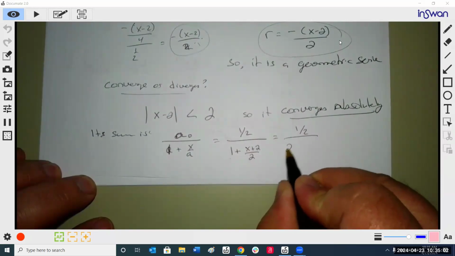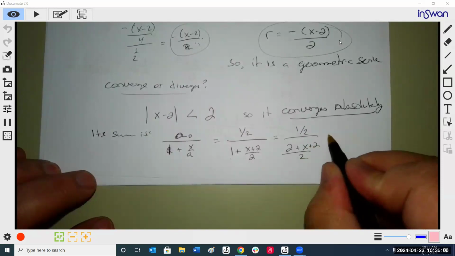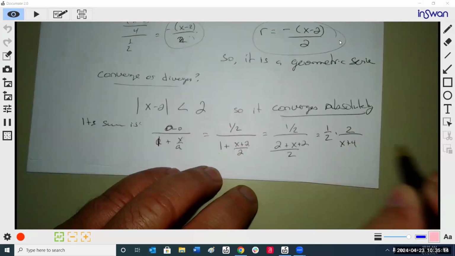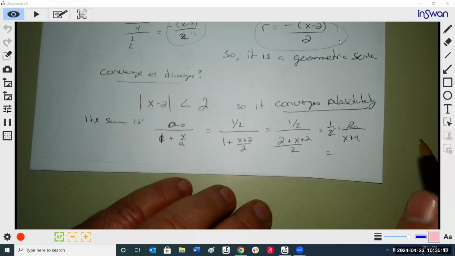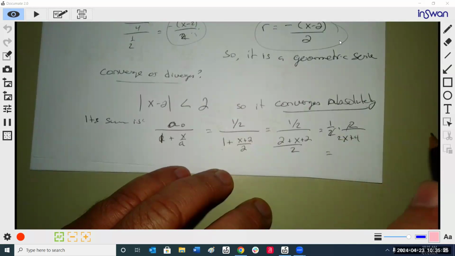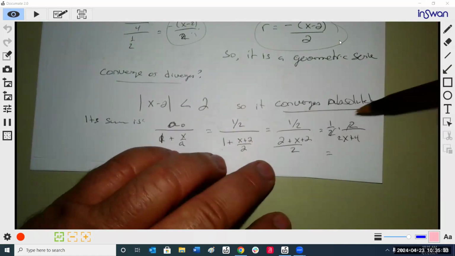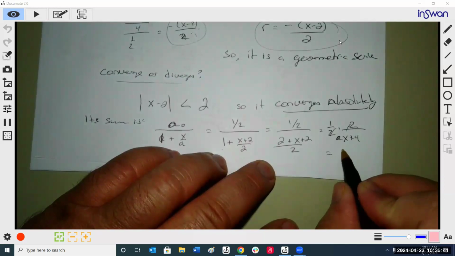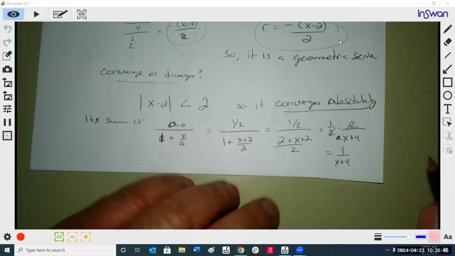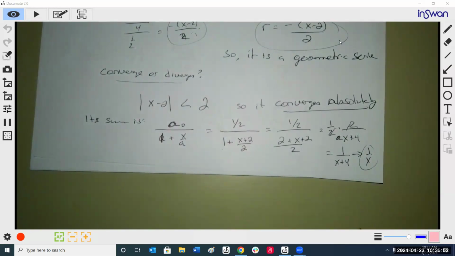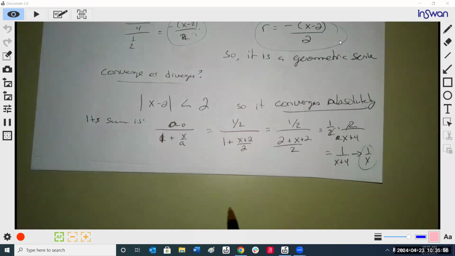One half over 2 plus x minus 2 over 2. 1/2 times 2 over x plus 4... flip the bottom. It converges to 1 over x.